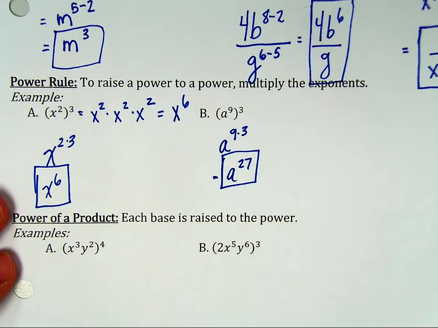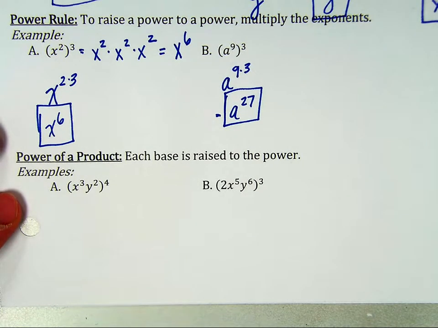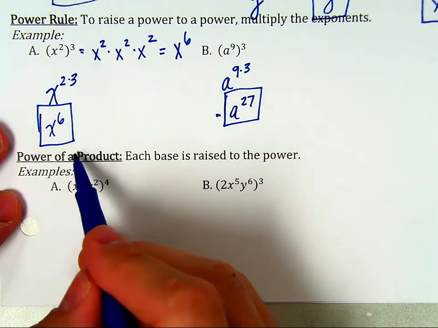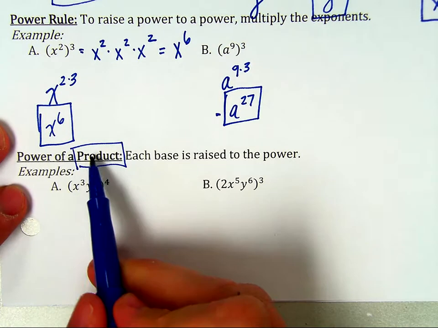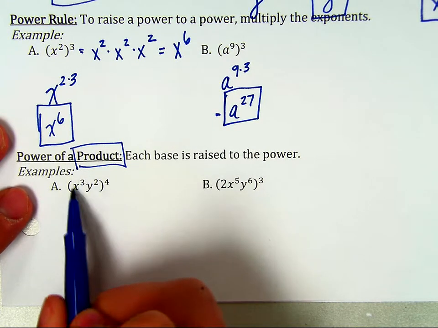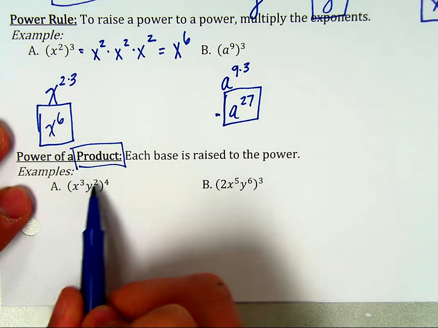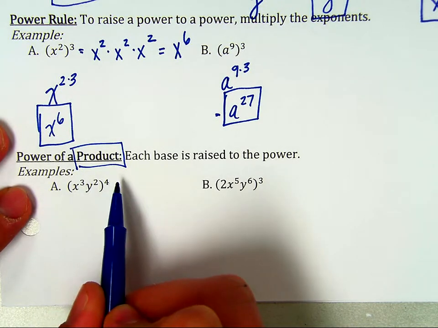All right. Now, this one's the power of a product. It's basically the same thing as the power rule, but a product is when you multiply things together. So if you notice in the parentheses, we are multiplying x to the 3rd and y to the 2nd. This entire expression is being raised to the 4th power.